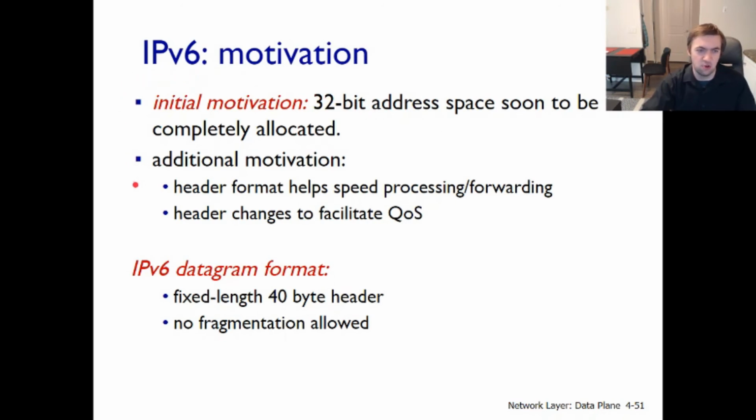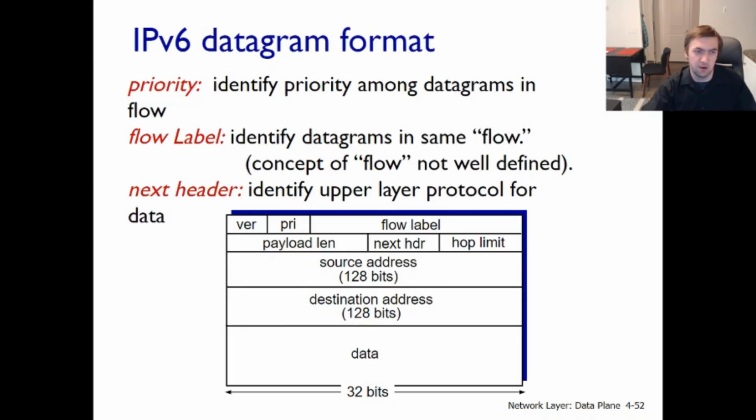In addition, the header format of IPv6 helps speed along processing and forwarding, and the changes better facilitate quality of service. IPv6's datagram format is a fixed 40-byte header with no fragmentation allowed. Let's break down what an IPv6 datagram looks like.